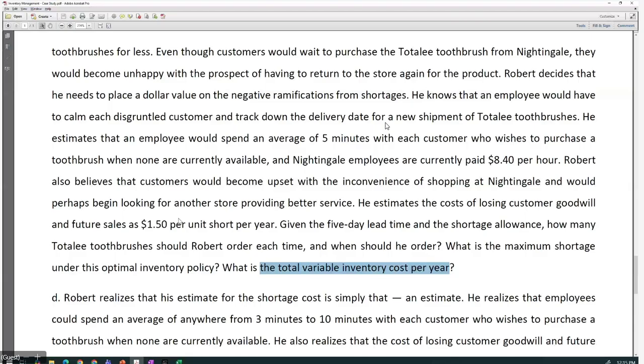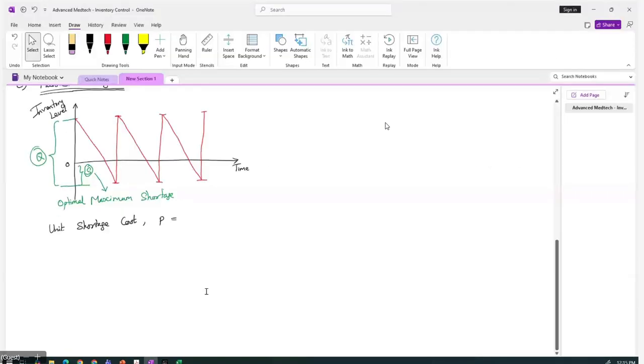How much is that? $1.5. That is the future sales loss. Another cost, what is that? Each employee is spending 5 minutes with them. Employee cost. Right.